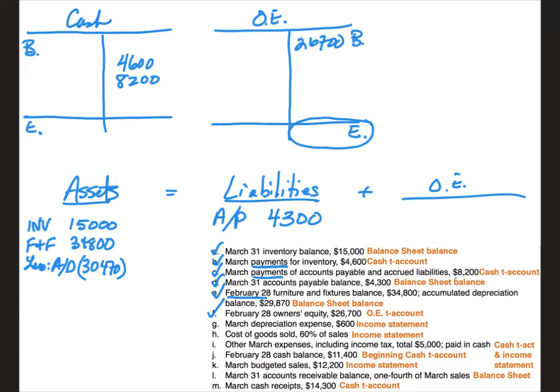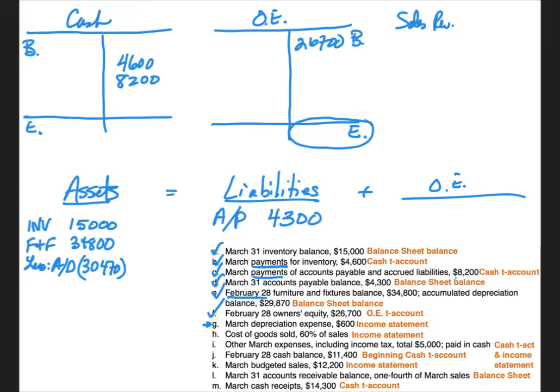Also, since we've got an expense here, let's think about what's going to affect owner's equity. Remember, owner's equity is affected with net income, it's affected with a net loss, and the only way we can get that is with an income statement.